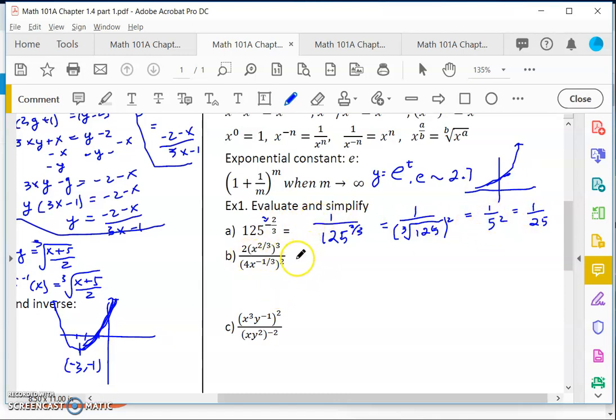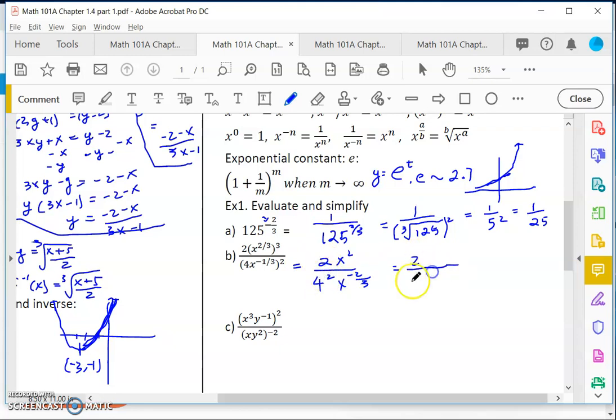Okay, part B, let's use the power rule to simplify the power first. So this becomes 2 x to the 2/3 times 3, which is 2. And then at the bottom, you multiply 2 into all of these. So you would have 4 squared x to the negative 2/3, because 2 times negative 1/3 is negative 2/3. Now you would have 2 over 16.